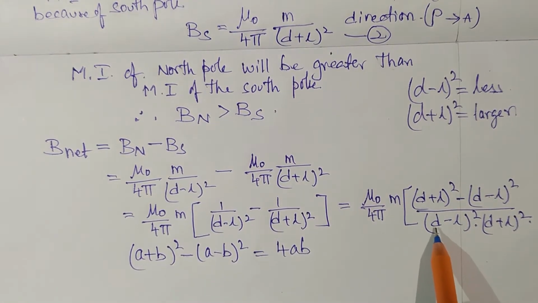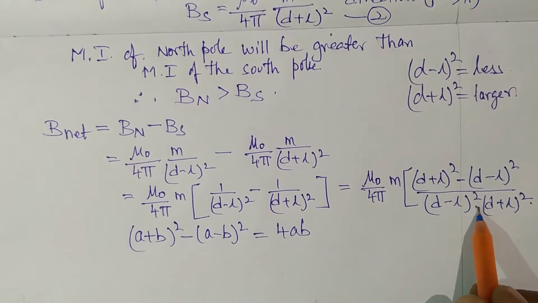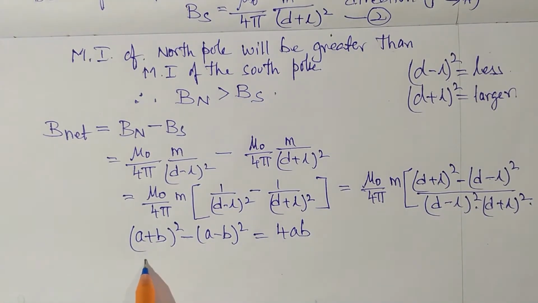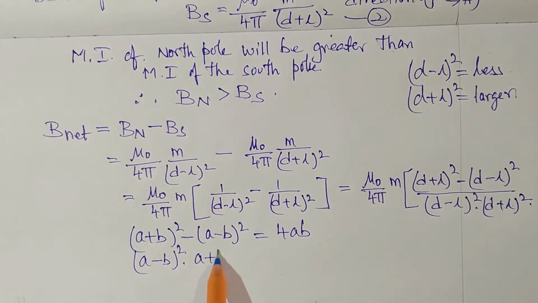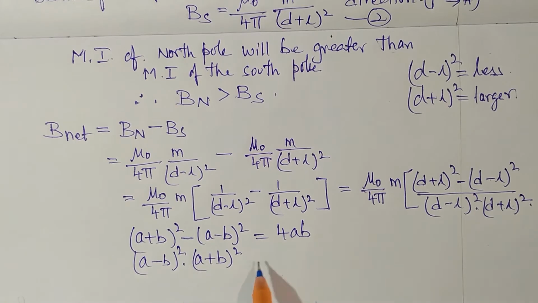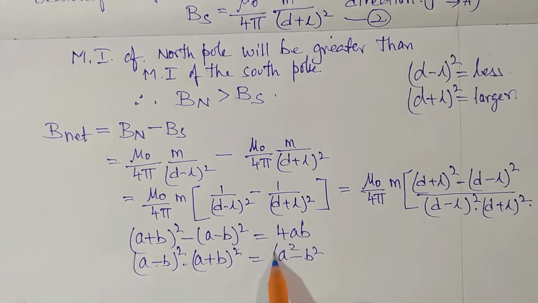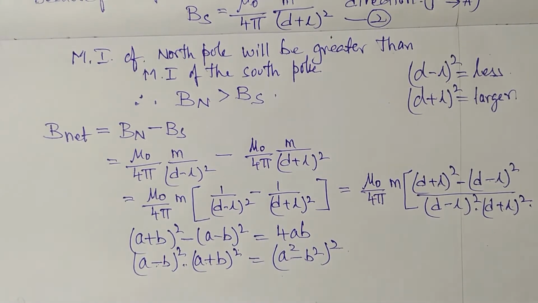4ab. Similarly, this is (a minus b) whole square into (a plus b) whole square. What will we get here? This is a power n into b power n, which is (ab) whole power n. Therefore I can write it as (a square minus b square) whole square.